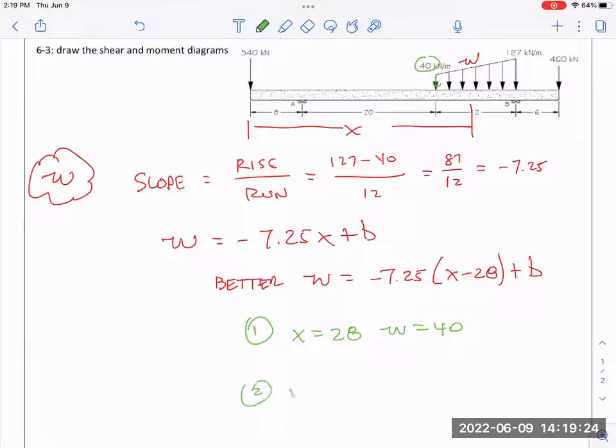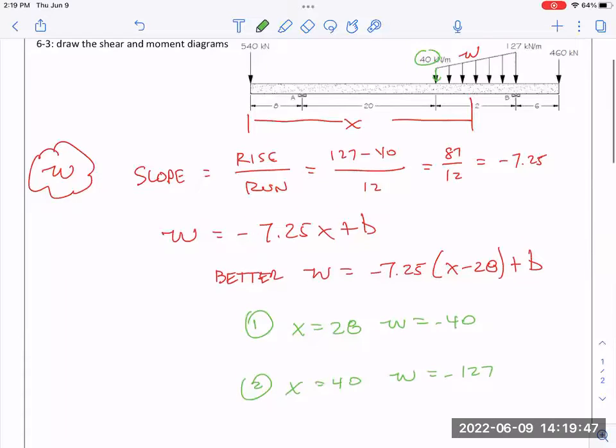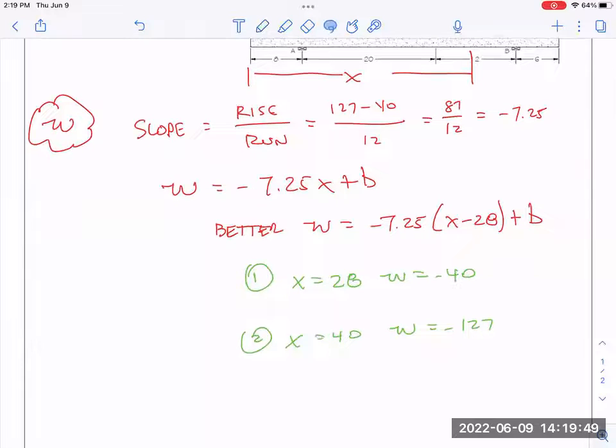Or, when x is 28 plus 12, which is 40, I need to get w equals 127, right? And I should be a little more precise and say those are negative numbers, right? So plug those in. Let's see if we get the same answer for both. They're both supposed to be true.